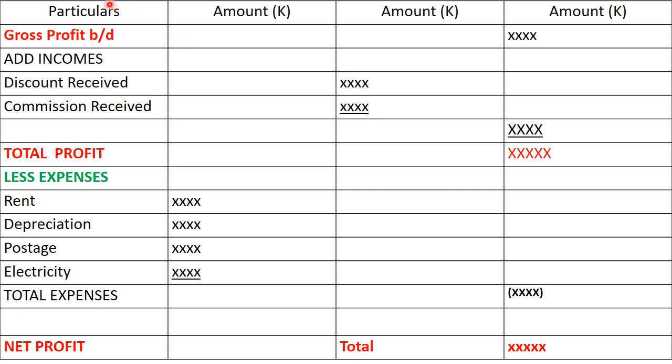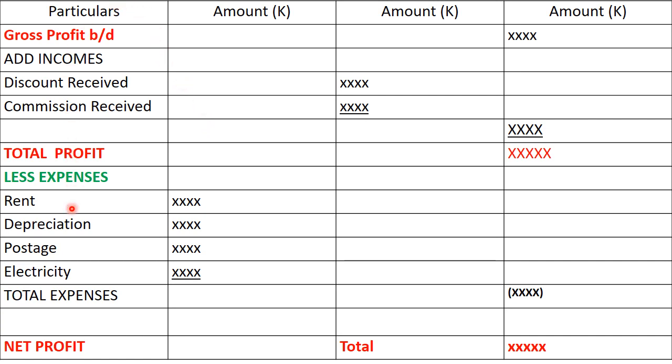But on top it should say profit and loss account as at the date at which you were recording this, which most of the times is the end of a trading period.